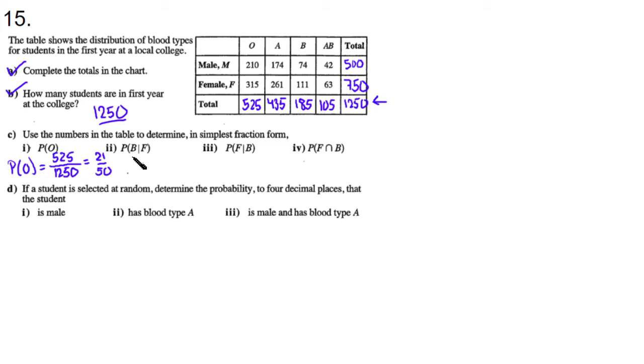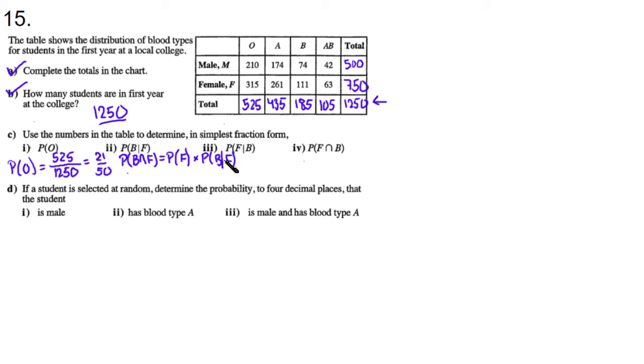So the way we're going to go about calculating this is we're going to use the formula for the probability of two events occurring at the same time, which is probability of event, in this case event B, so having blood type B and blood type F, is equal to the probability of blood type F times the probability of blood type B given that it's a female.